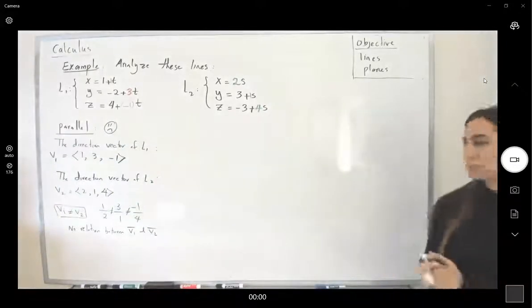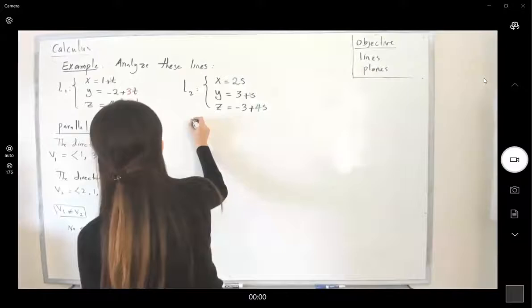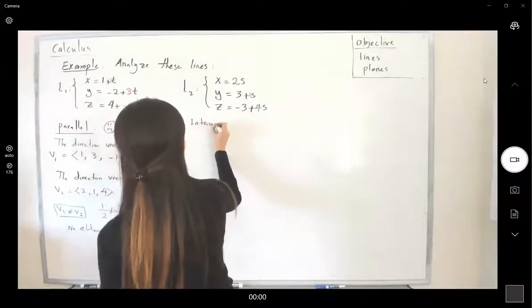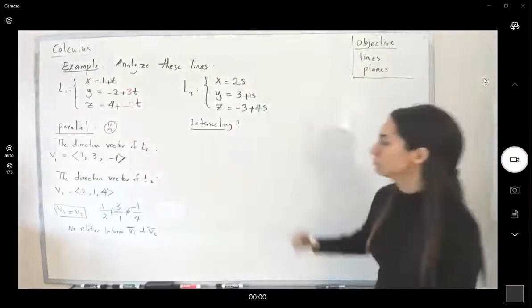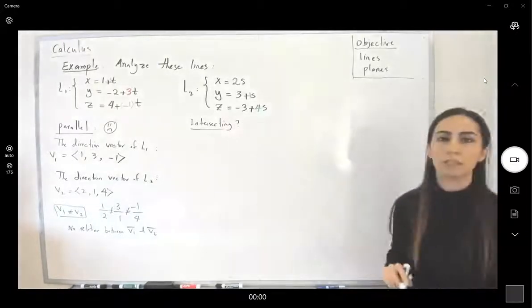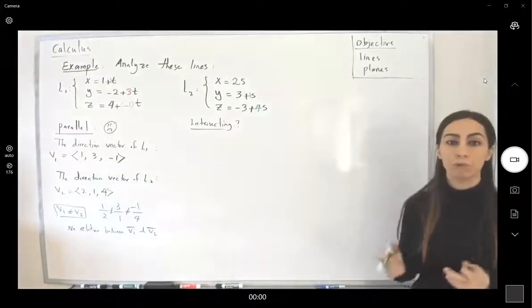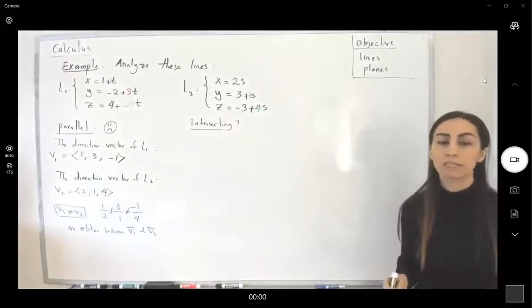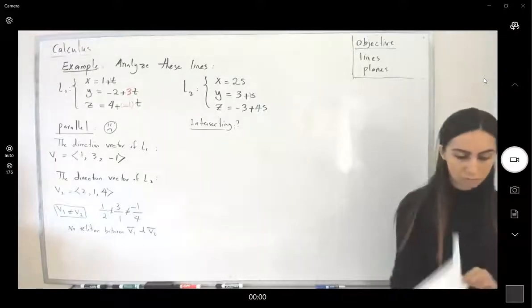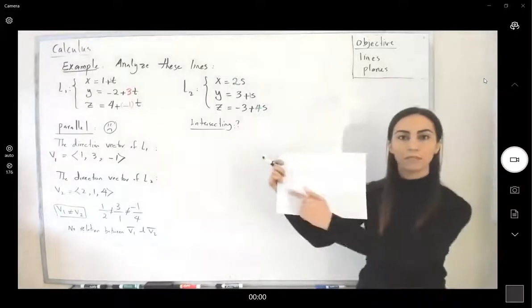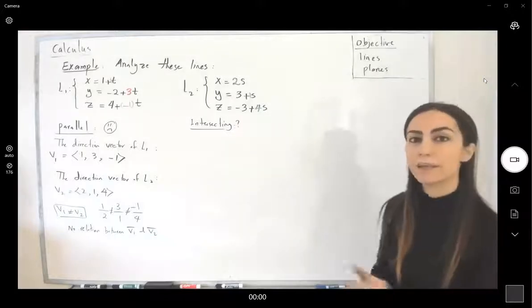Are they intersecting? Okay. How do we analyze intersection between two lines? Remember that if you have just two lines in the plane, it's easy. You only have x and y.